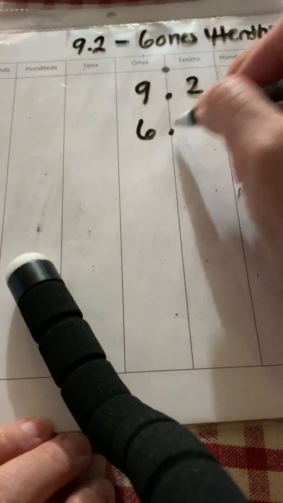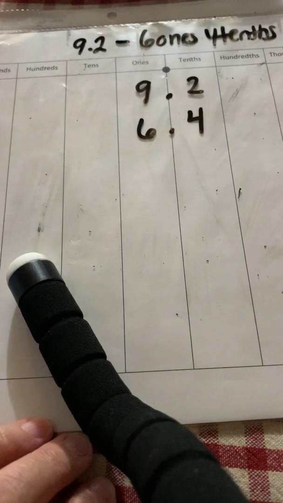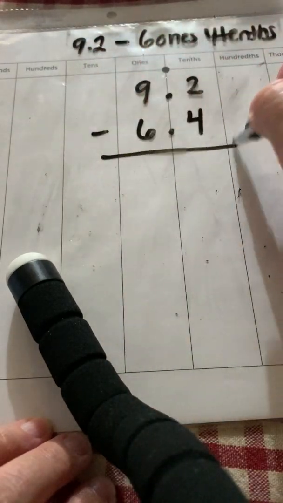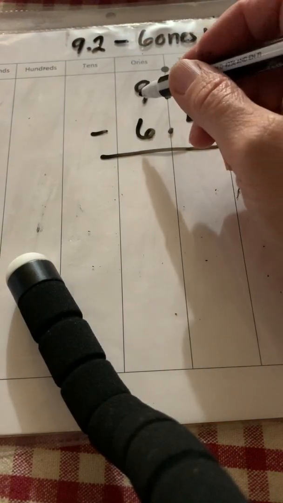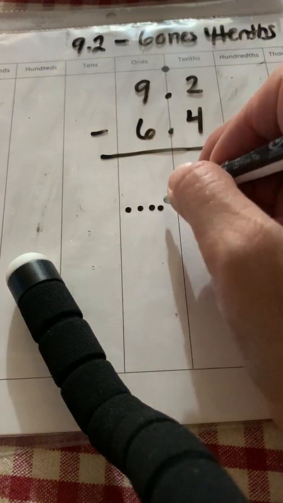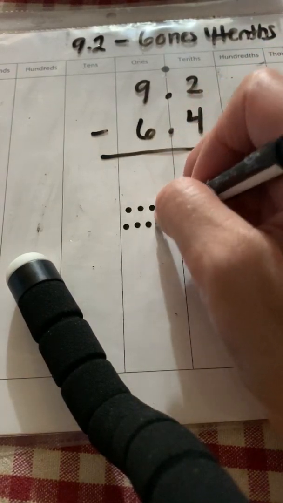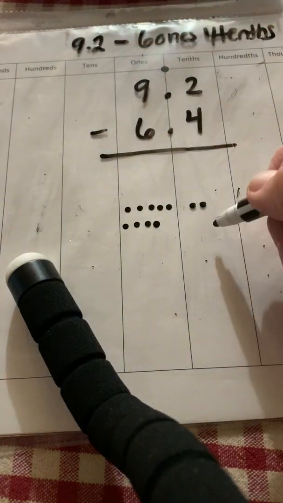This is 6 ones and 4 tenths. I'm going to subtract. Next, first I write my chip model for 9 and 2 tenths. 1, 2, 3, 4, 5, 6, 7, 8, 9 ones, 2 tenths.